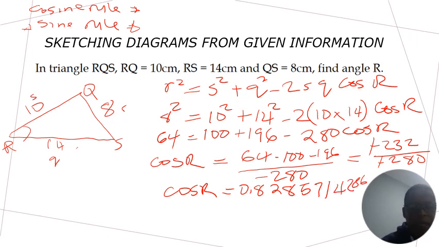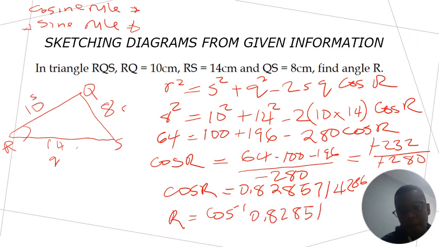Okay, so for us to find r, it will be cos inverse on both sides. So you have cos inverse 0.82857. So if you find r, you do cos inverse, that figure will give you 34 degrees.